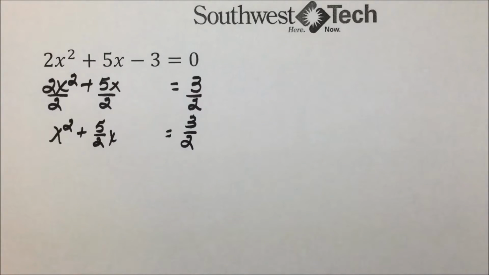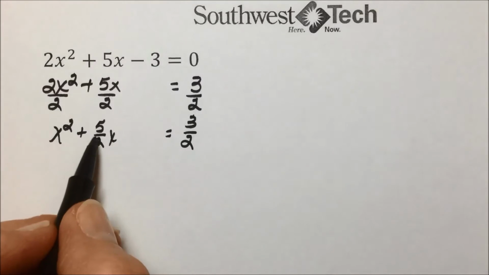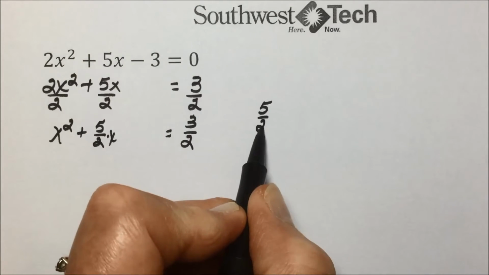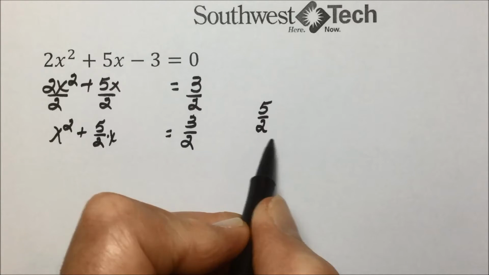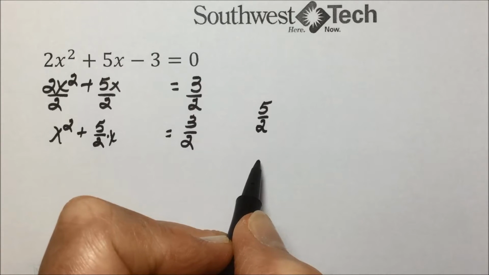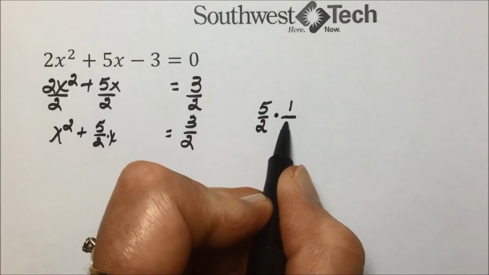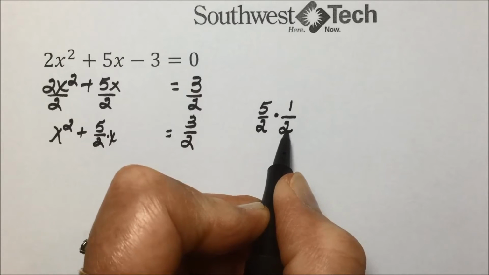We're going to divide the x term by 2. So the coefficient of our x term is 5/2. They're asking us to divide it by 2, which would give us a complex number. Dividing by 2 is the same as multiplying by 1/2.